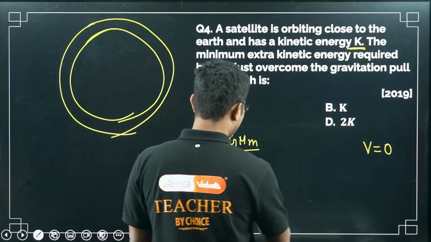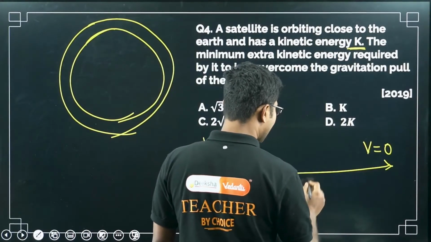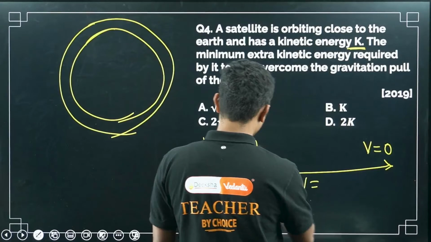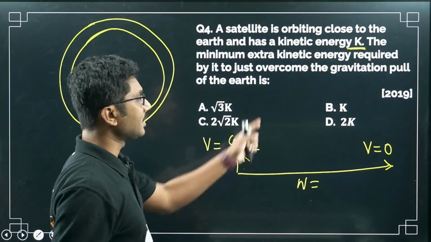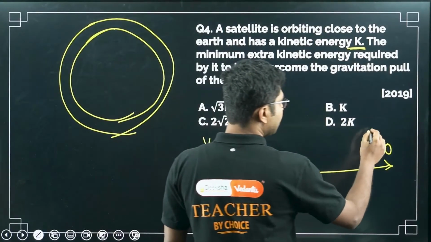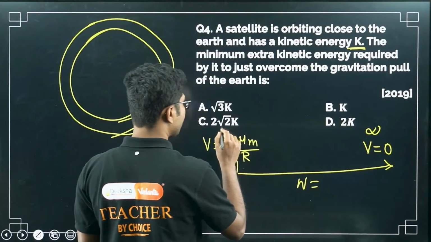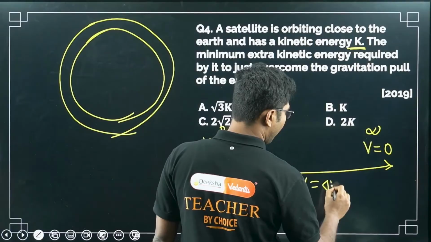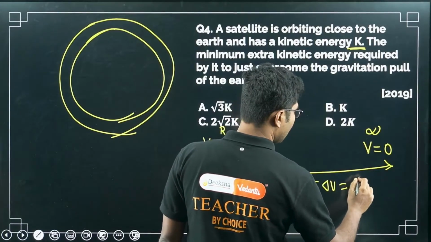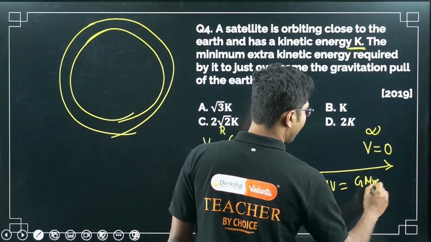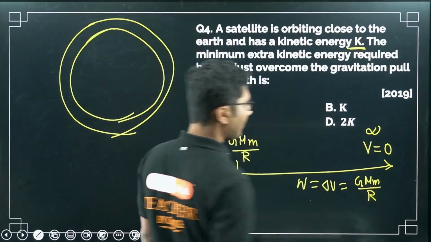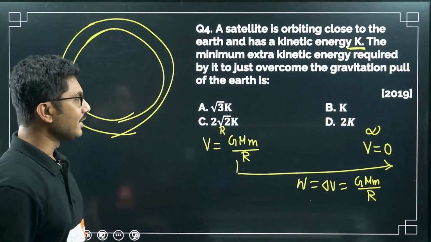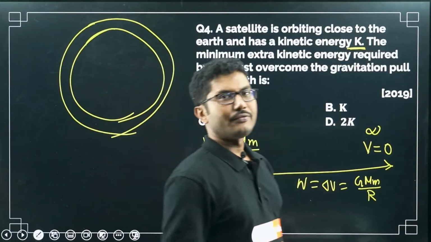The work required to take it out from the surface of the earth to infinity. This is at infinity, this is close to the surface of the earth. So it will be delta V, that is equal to GMm by r, right? This is the energy that we need to make it free.